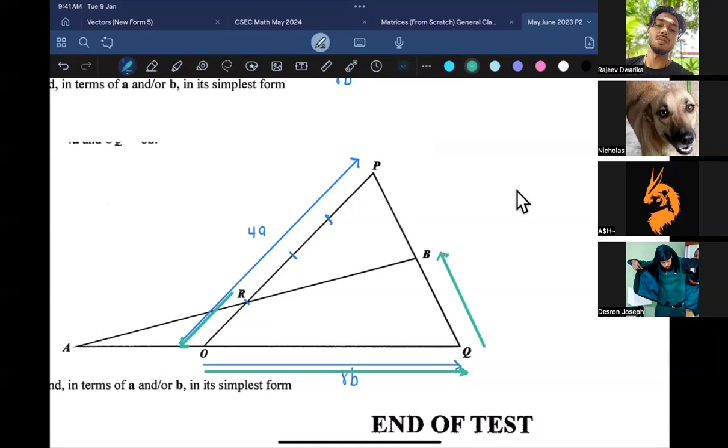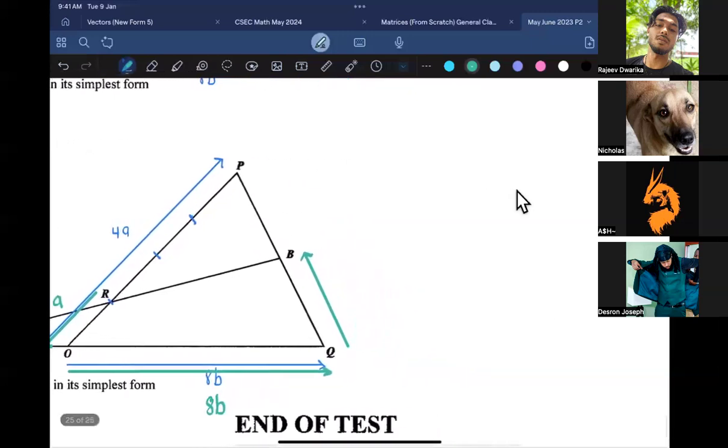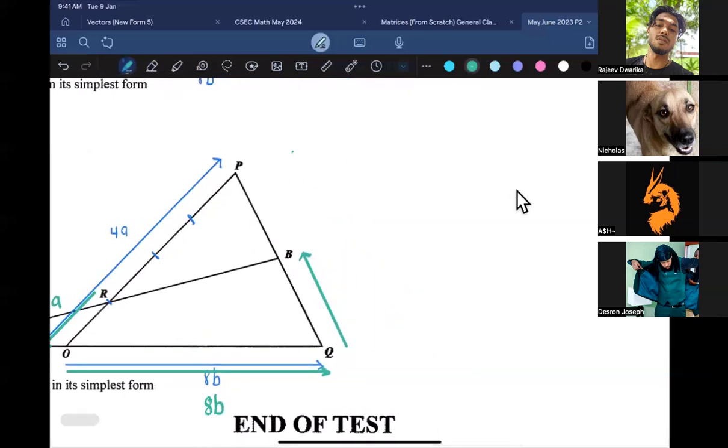So Nicholas, R to O. If you go in the opposite direction, R to O would be what? O to R is A, so R to O is minus A. And O to Q is just 8B. And Q to B. In the first part, we found P to Q, and P to Q is in that direction. So would you find a positive half or a negative half for Q to B?